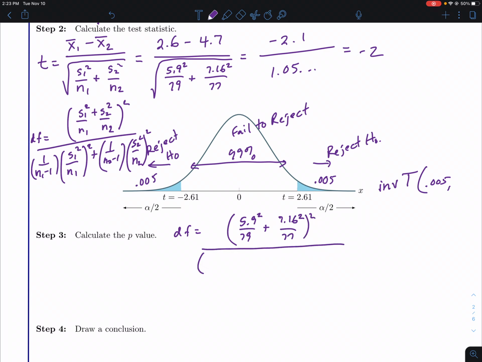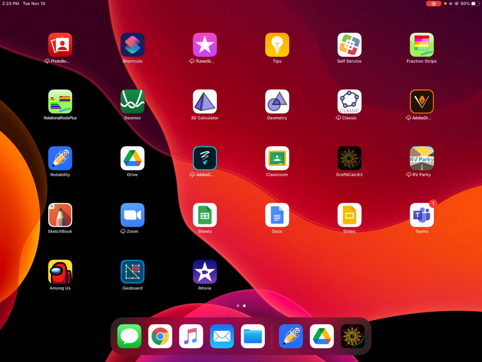And then 1 over 79 minus 1, which is 78, times 5.9 squared over 79, all squared. Plus 1 over 77 minus 1, which is 76, times 7.16 squared over 77, all squared. Now I'll try to type this in the calculator without screwing it up, so that's another place we can mess this up.